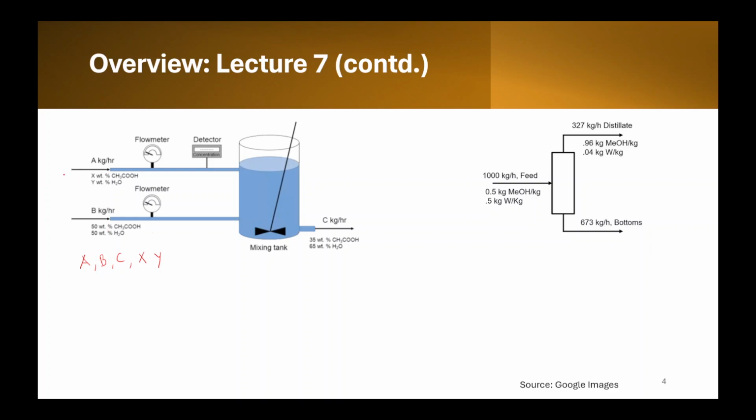You can also write it in a way. Let acetic acid be P and water be W. So this is X of P in A, and this is X of W in A. This is basically the mass percentage or mass fraction of P in A. Now what would this be?